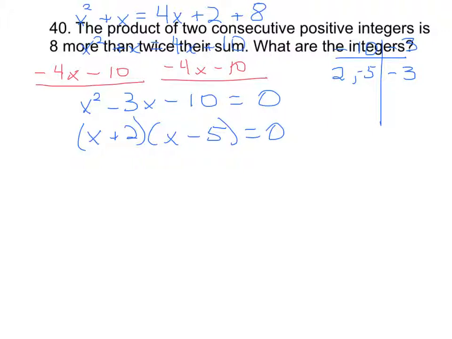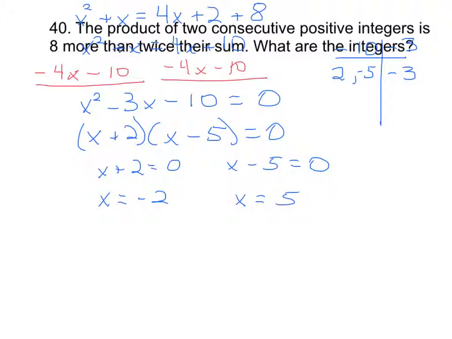And according to the zero factor property, when you have two things multiplied together to equal 0, then one of those things equals 0 or the other thing equals 0 or both. So we will get a solution if x plus 2 equals 0 and if x minus 5 equals 0. So in other words, x can equal negative 2 or x can equal 5.